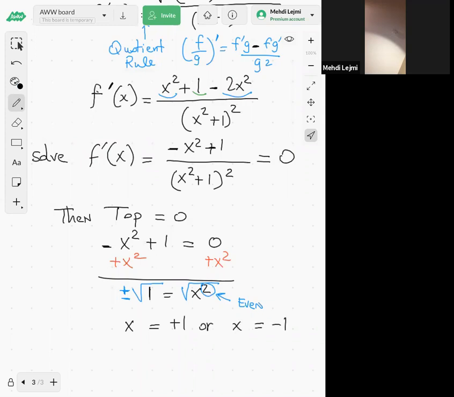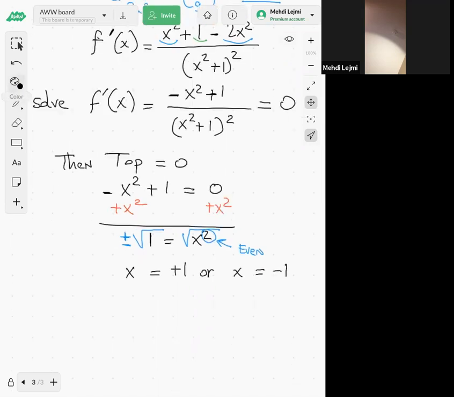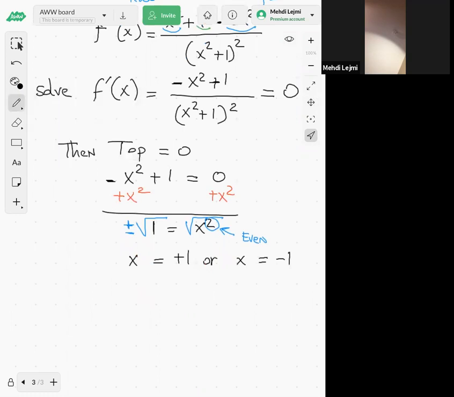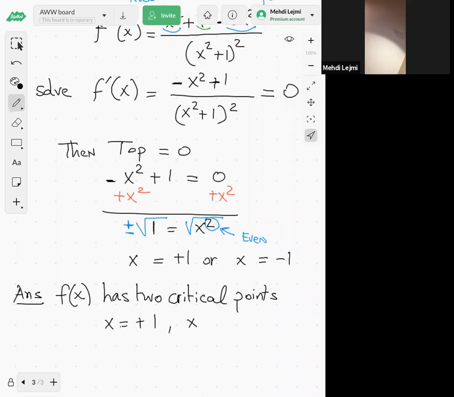So I got two critical points. For the first step, f of x has 2 critical points: x equal positive 1 and x equal to negative 1.